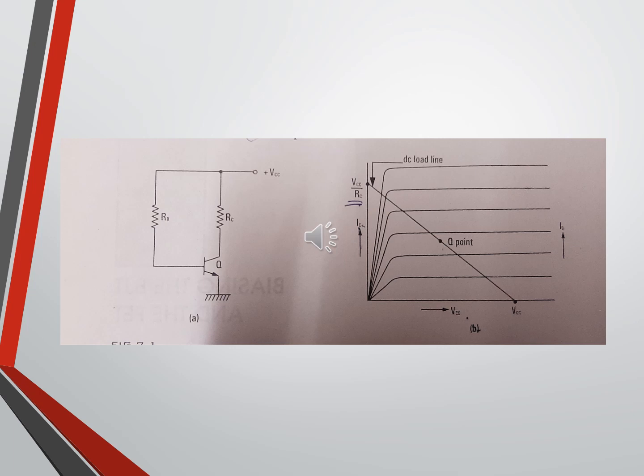So what will be the main parameter responsible for such a variation? It may be temperature, or fluctuations in power supply, or aging of the components, and the main thing is the temperature variation. The temperature variations will affect the stabilization or stability.